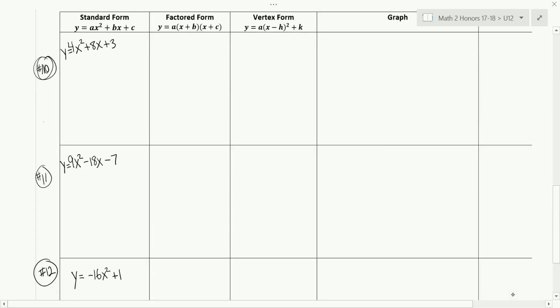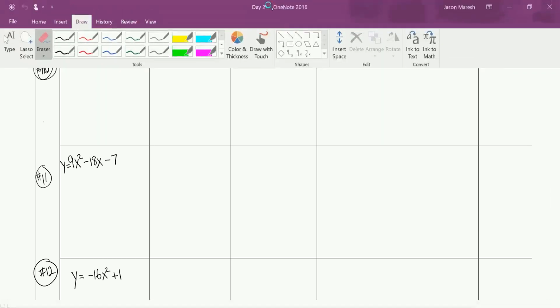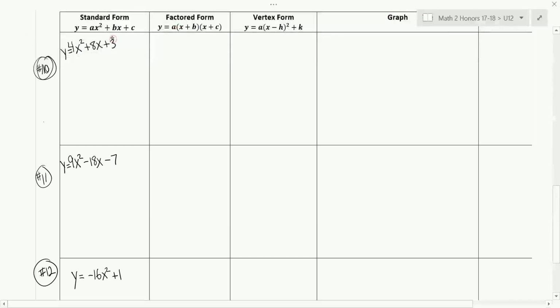All right, so we have 3 forms of an equation. We're going to do number 11. The factored form, remember we said the B and the C in the factored form really should probably be a different letter, maybe E and F, because those don't correspond with the B and the C in the standard form.